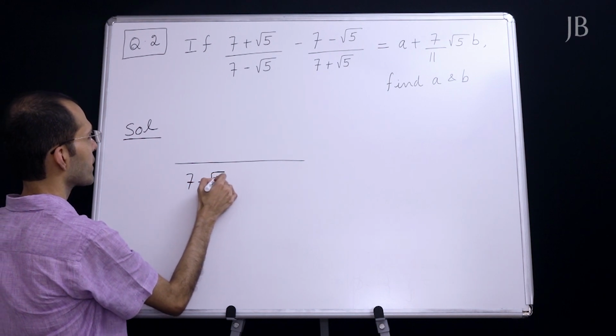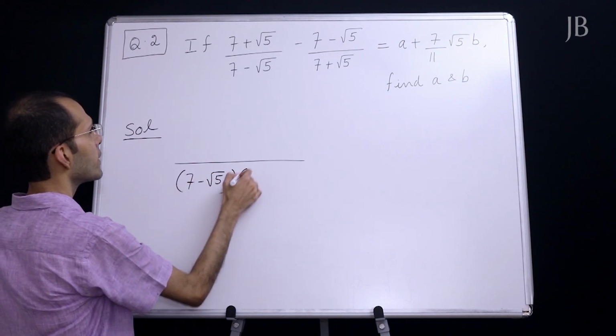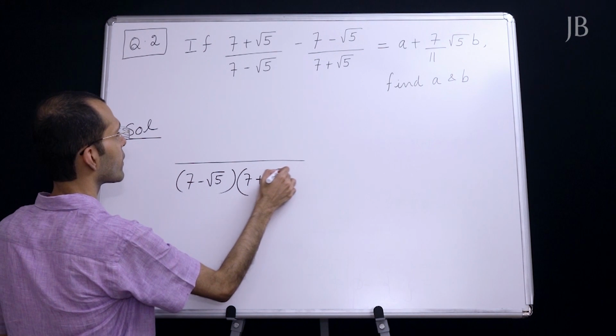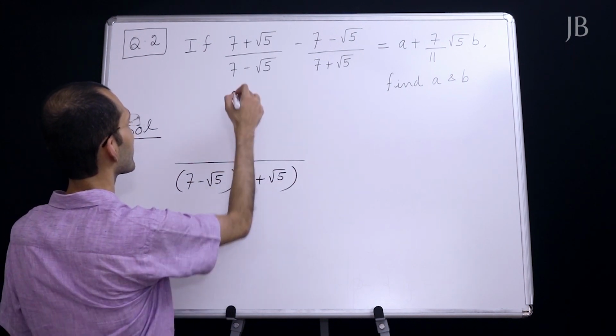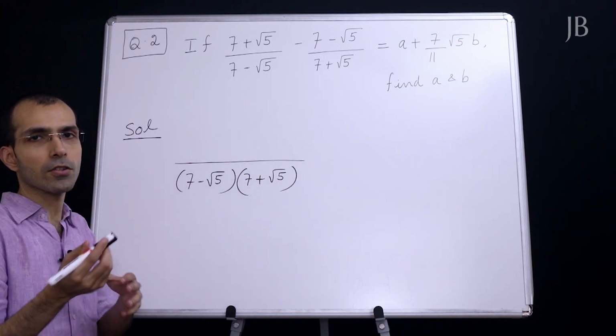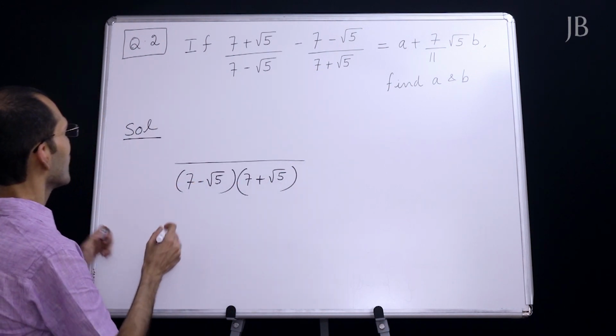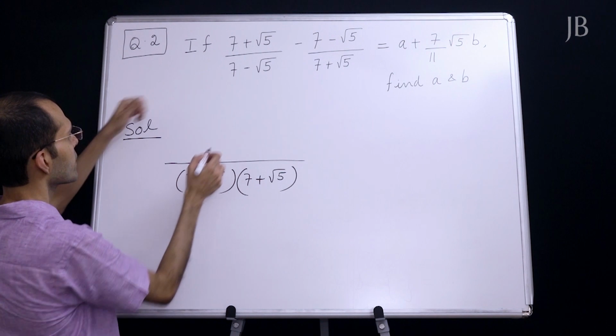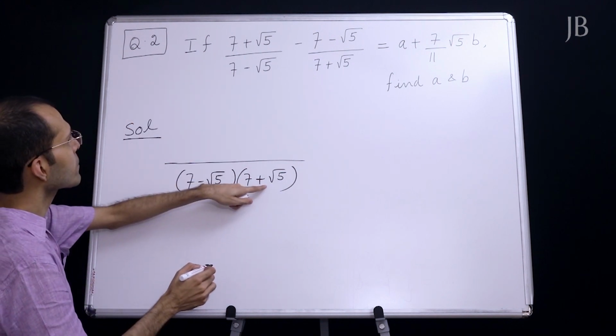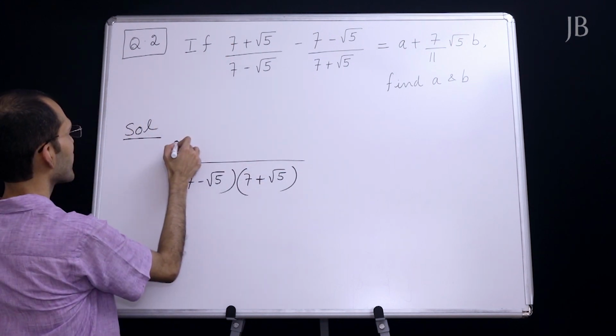So this is 7 minus root 5 into 7 plus root 5. See, I am not taking the rationalizing factor or the conjugate. I am simply taking the LCM. Okay, so this is already there. This 7 plus root 5 will get multiplied with the numerator.